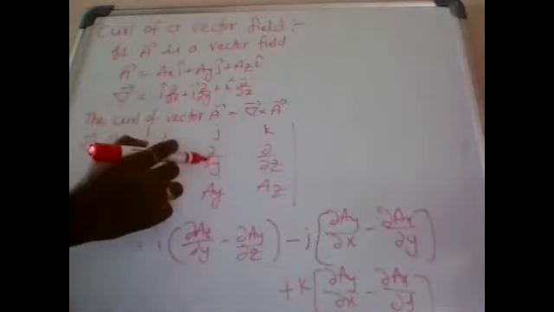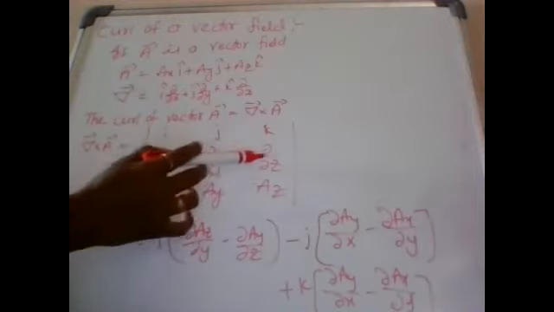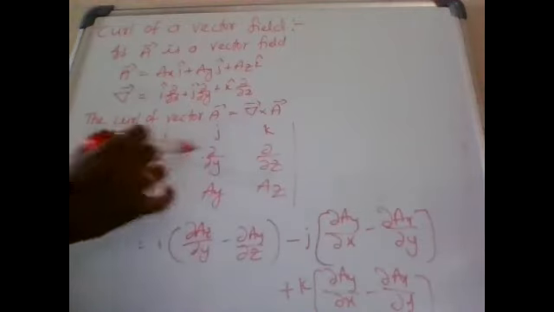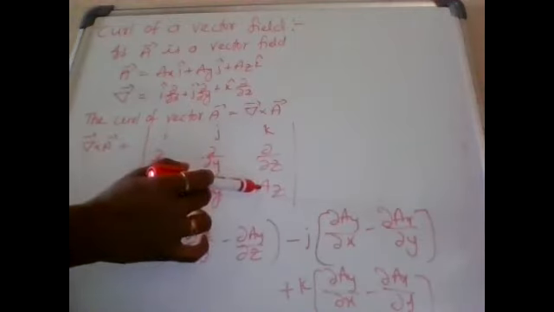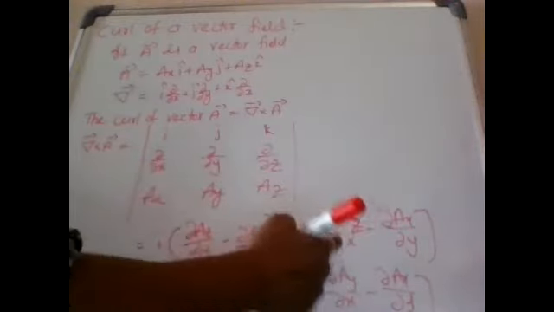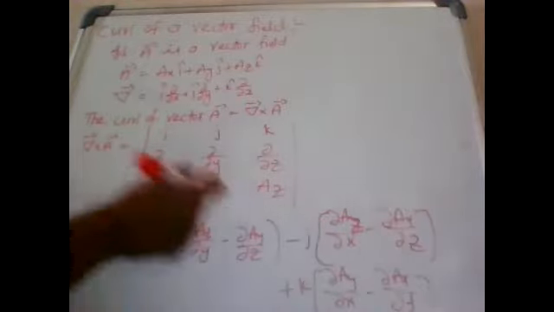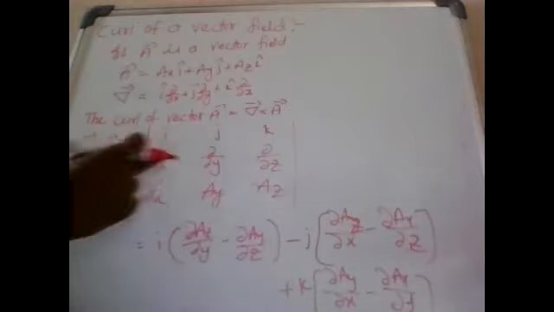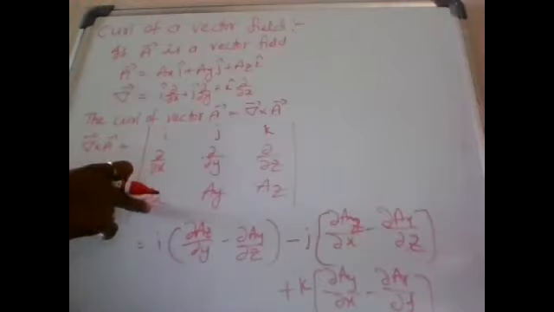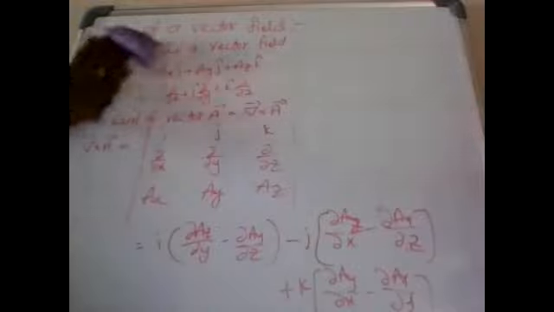So i into dou A suffix z by dou y minus dou A suffix y by dou z, minus j into dou A suffix z by dou x minus dou A suffix x by dou z, and k into dou A suffix y by dou x minus dou A suffix x by dou y. This is the curl of a vector field.